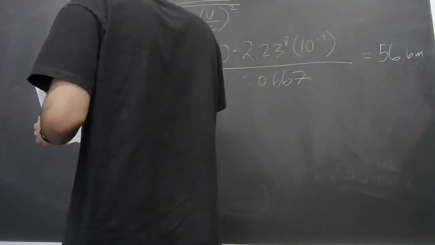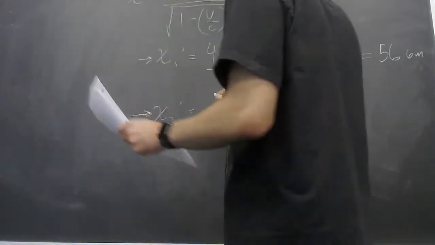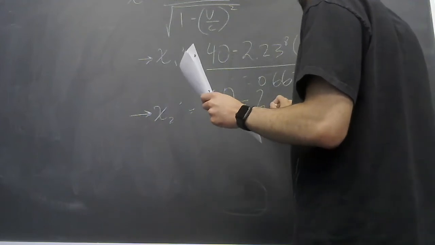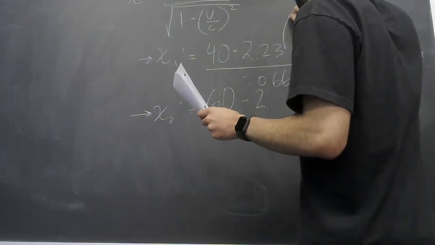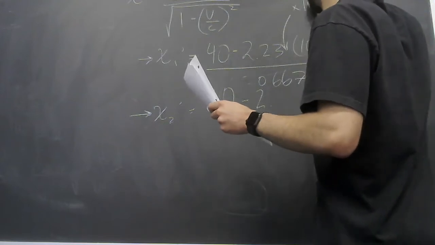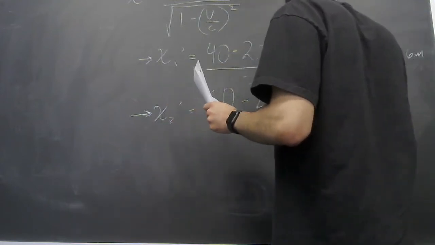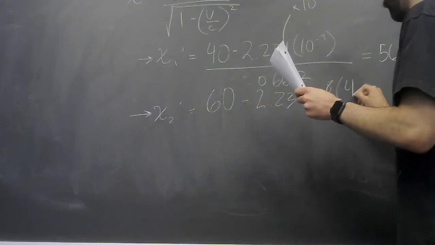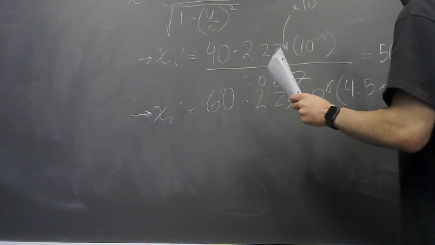The next thing we're going to look for is x2 prime, which is going to be 60 minus the same velocity, 2.23 times 10 to the 8. Don't forget that. And then our time here is 4.5 times 10 to the minus 8.